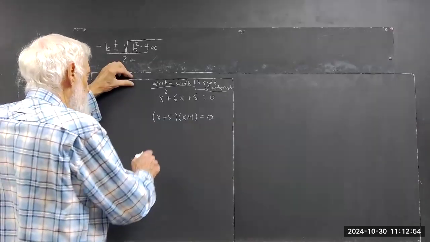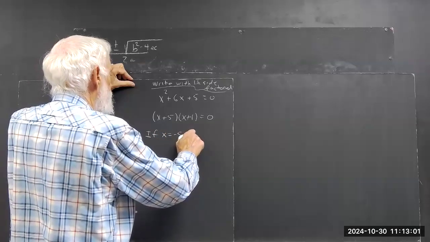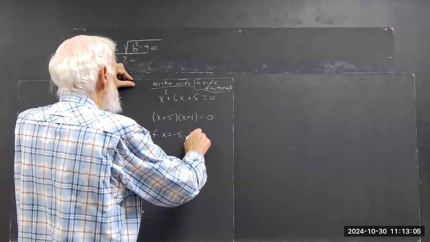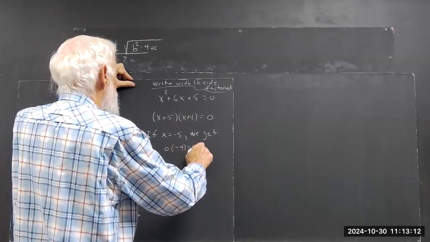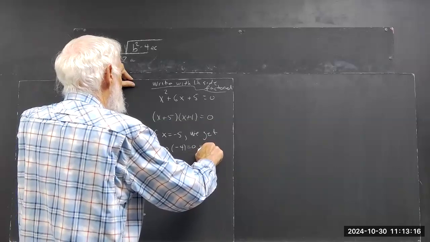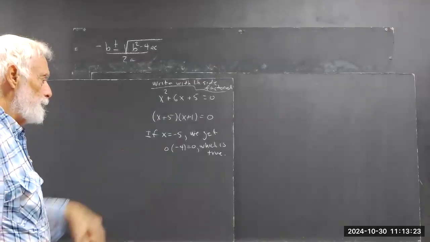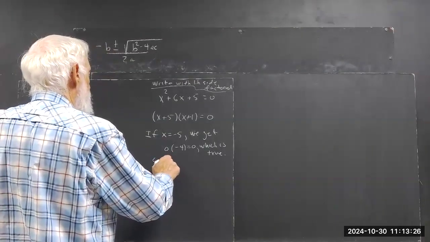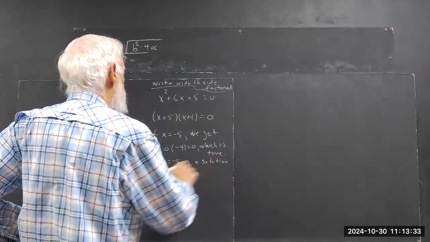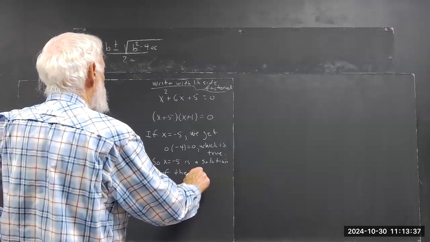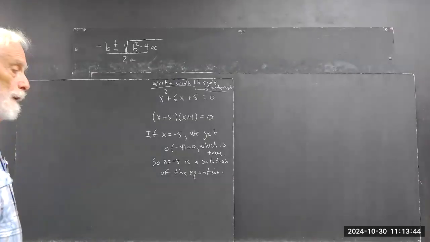Okay, so what we've established is, if x is -5, we get 0 times -4 equals 0, which is true. So x equals -5 is a solution to the equation.